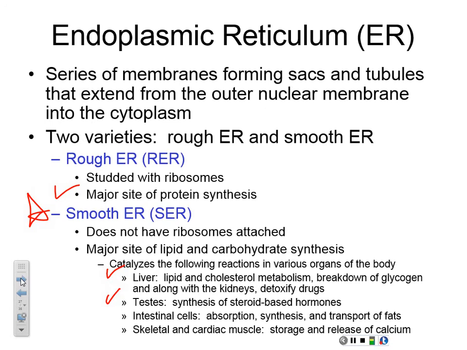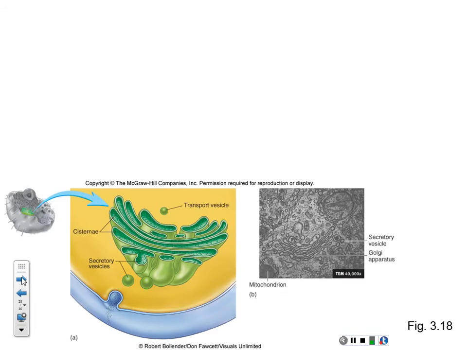Testosterone is a lipid, remember, because it's based on cholesterol. So again, it's based on the true function of the smooth endoplasmic reticulum, which is lipid synthesis and carbohydrate synthesis, right? So the intestines. So know all these 4 organs and know the different functions of the smooth endoplasmic reticulum.